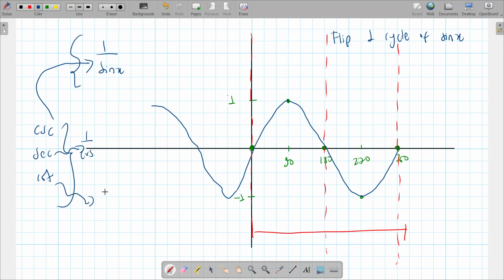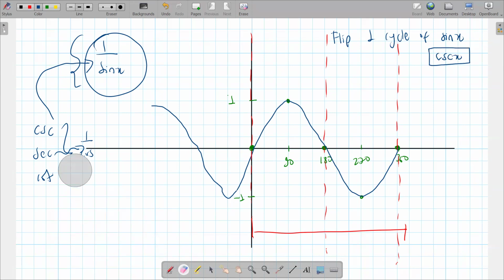And 1 over tan is cotangent, okay? So when it says flip one cycle of sine x, it's asking you to graph this function, which is actually, they're asking you to graph cosecant x without actually telling you to graph cosecant x.